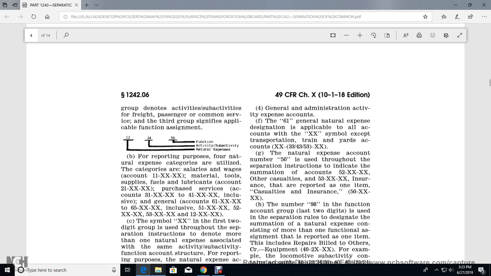For reporting purposes, the natural expense categories utilized are: salaries and wages, 11xxxx; material, tools, supplies, fuels and lubricants, account 21; purchased services, accounts 31 through 41 inclusive; and general, accounts 61 through 65 inclusive, 51, 52, 53 and 12.